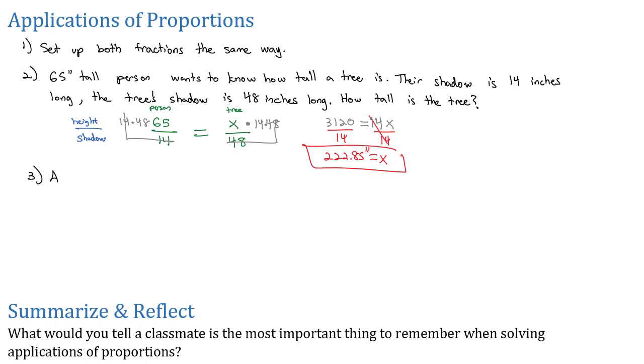Let's do one more example with a proportion. Let's say a company knows that of every 300 parts they ship, 18 are defective, on average.